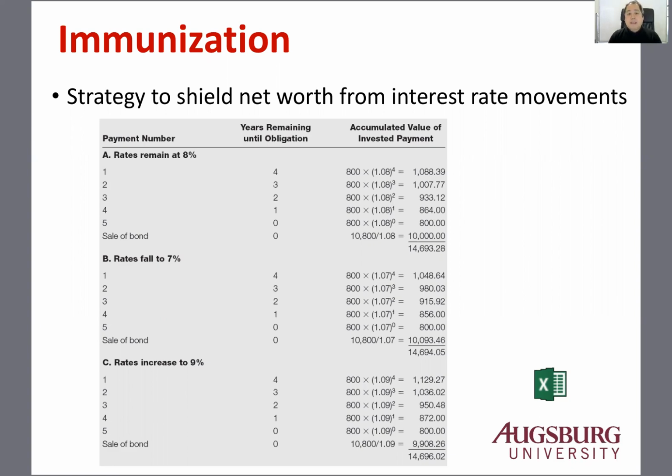Many banks and thrift institutions have a natural mismatch between the maturity of the asset and the liability. For example, bank liabilities are primarily the deposits owed to customers. If you go to the bank and make a deposit, you have the right to withdraw your money, right?